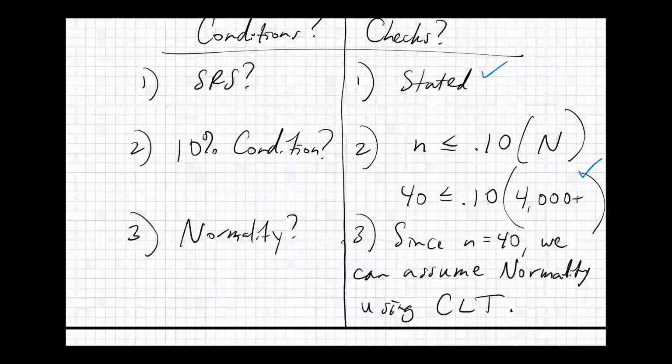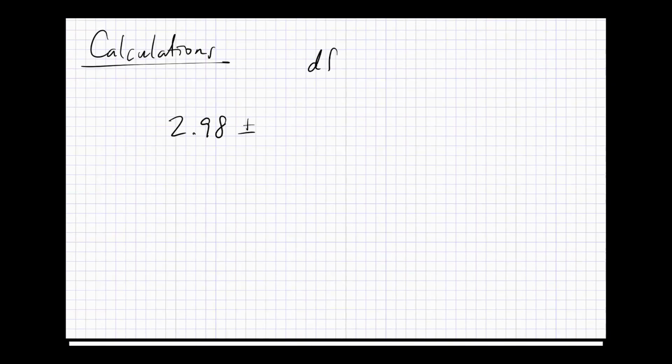Okay, next one is calculations. So let's use that formula that we stated earlier. Calculations. Okay, so x bar, what was x bar in our case? Plus or minus T critical. How many degrees of freedom are we going to have on this question? 39, yeah.